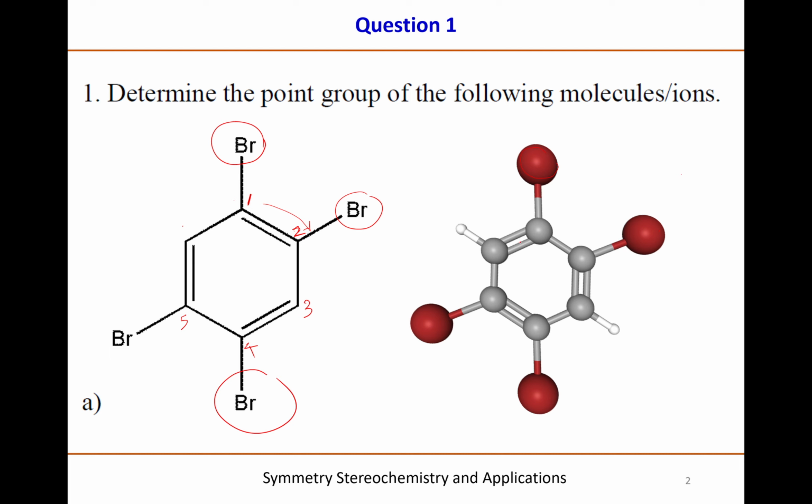All of you know that because of the 3 double bonds in the benzene ring, the ring is planar. Planar means it is on the plane of the paper. Because of this planar ring, all the bromine atoms are on the same plane. So if I pass a plane here, this part is the same as this one, right? There is a symmetry, correct?